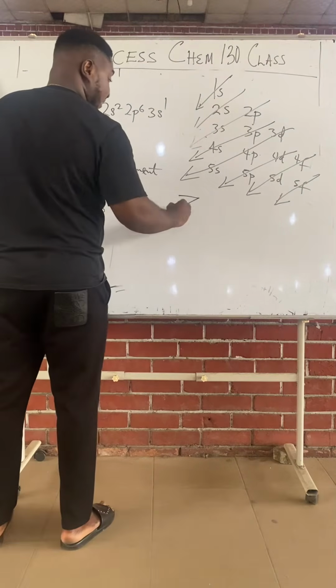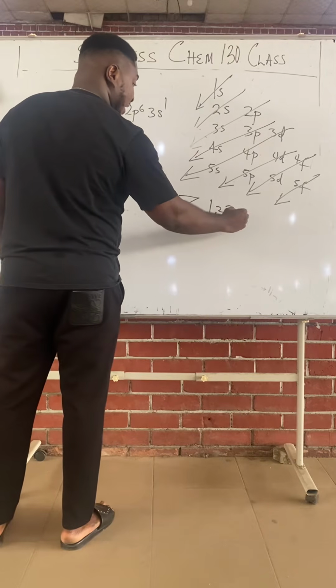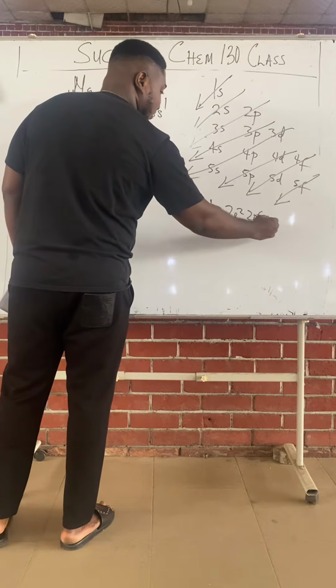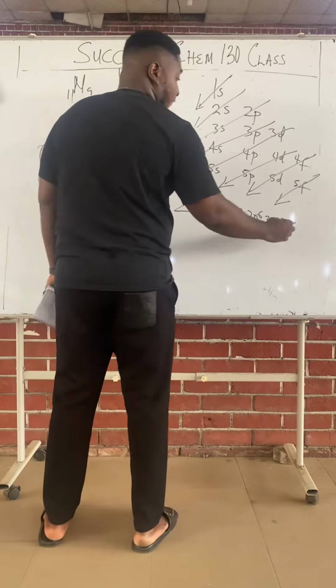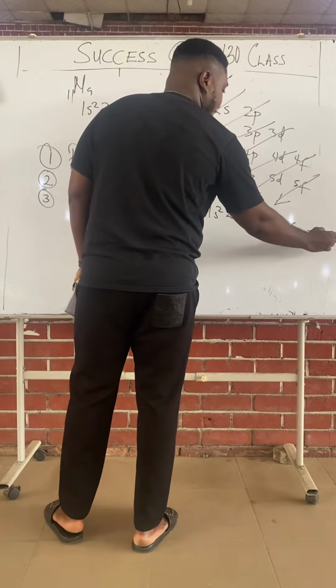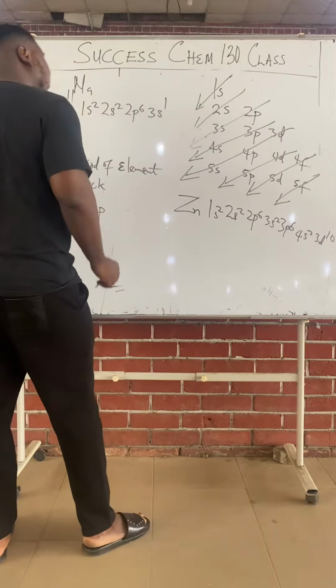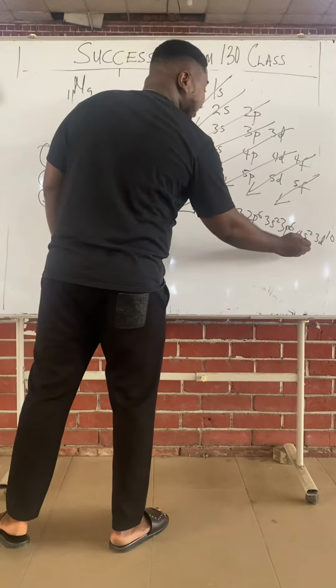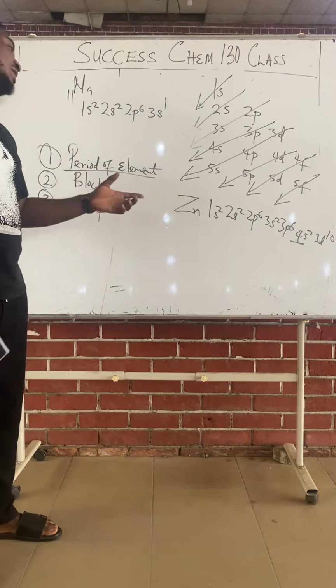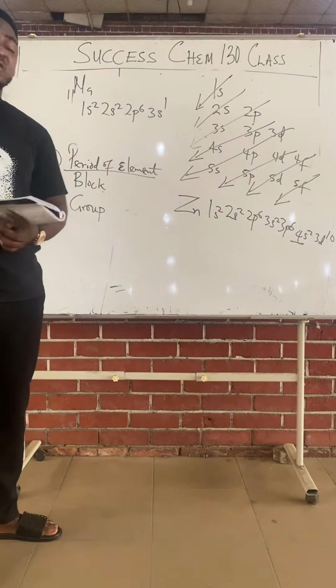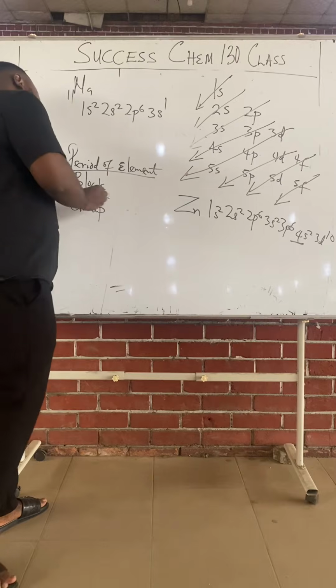What we did for zinc, which is 30: 1s2, 2s2, 2p6, 3s2, 3p6, 4s2, 3d10. And we said that the period that zinc belongs to is the highest number in the configuration, which is 4. What block does zinc belong to?